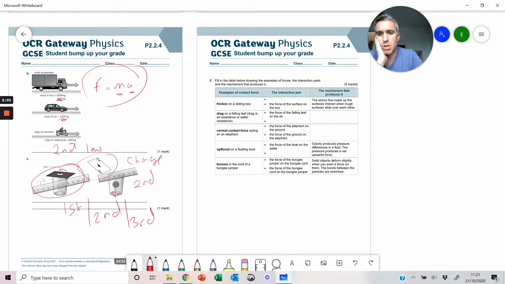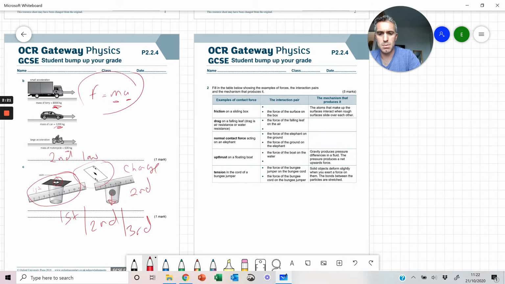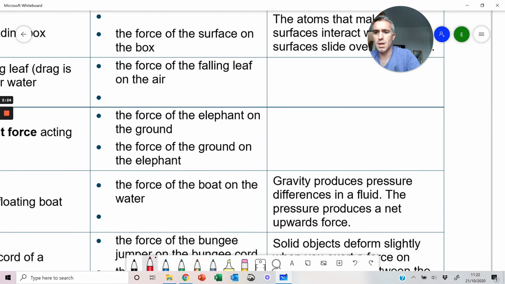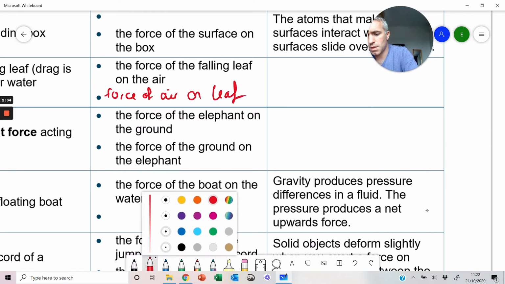Fill in the table to show the examples of forces and the interaction pairs and the mechanisms that produce it. Interaction pairs, so that's talking about Newton's third law, things that come in pairs. Drag on a leaf, the air resistance of the leaf or water: the force of the leaf falling on the air, force of air on leaf.